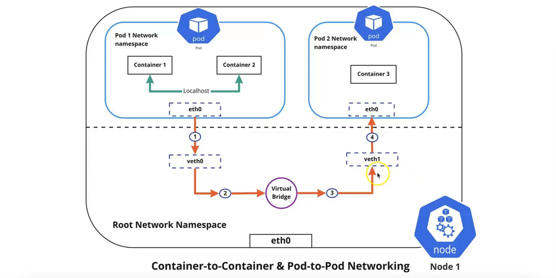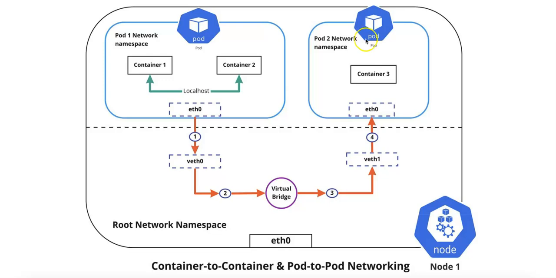The traffic flows into eth0 in pod 2, and from here container 3 in pod 2 can receive the traffic as if it had originated from a remote machine on the same network. This completes the communication path between pod 1 and pod 2. In essence, this virtual bridge allows for pod-to-pod communication on the same node without the need for an external network interface or routing.